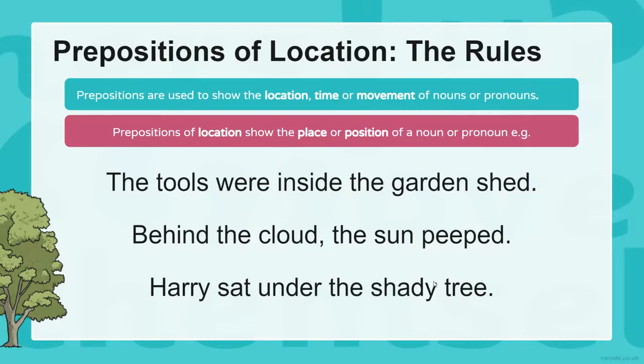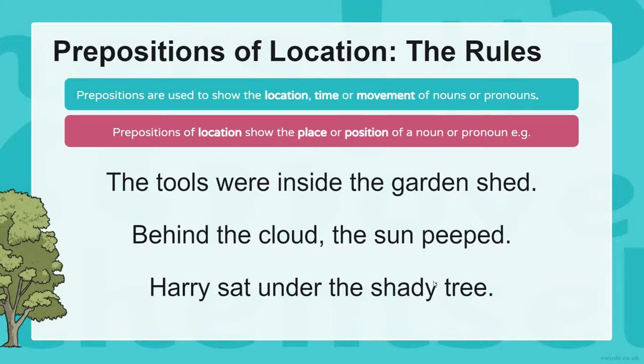Now, I take you through the rules in these slides. So prepositions are used to show the location, time, or movement of nouns, which we focused on last lesson. And if you can't remember, please remind yourself from the previous video, and pronouns, which we also discussed. So prepositions of location show the place or position of a noun or pronoun. So for example, the tools were inside the garden shed.